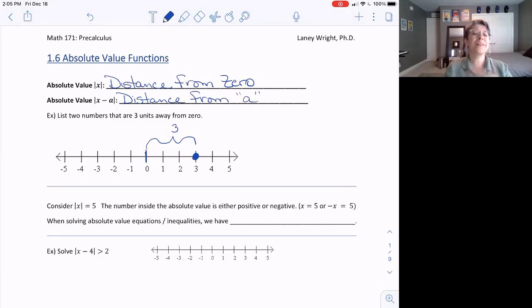But there's also another number that is 3 units away from 0 on the left, and that is -3. So if we were to take the absolute value of 3, we would get 3 because it's 3 units from 0. Likewise, the absolute value of -3 also gives us 3.